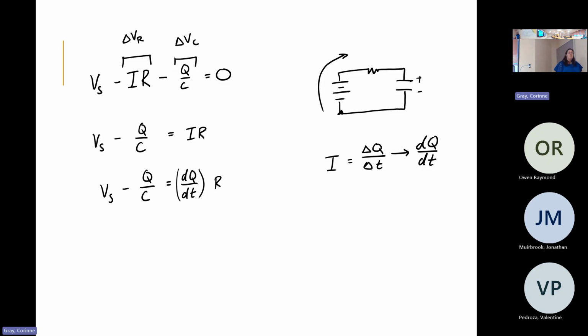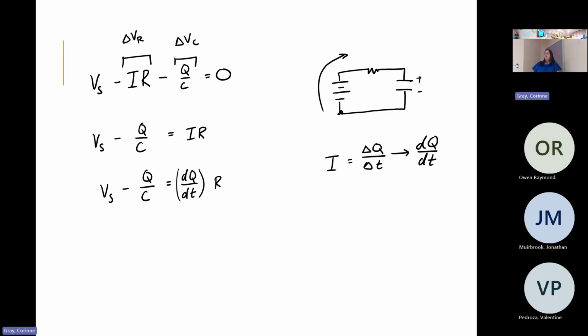Now we can rearrange this in a couple of different ways, but this gives us what is referred to as a first order differential equation. It is called first order because the derivative I have in here is a single derivative.